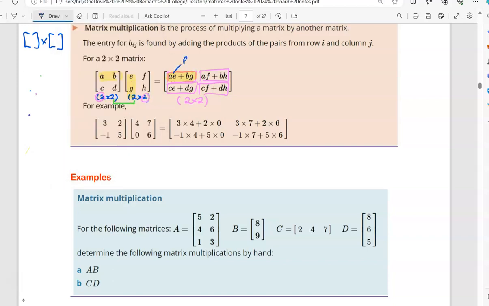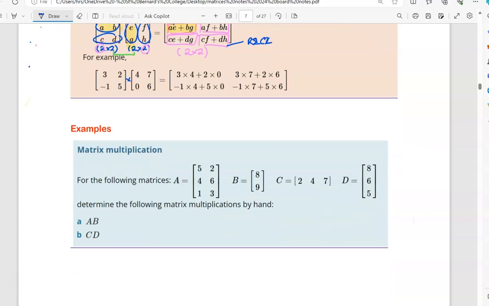Because I'm in row 1, column 1, I'm using row 1, column 1. Say here, this is row 2, column 2, so I'd be using row 2, column 2. So they've given you an example here, and there's another example of what's happening, but we're going to do some ourselves.